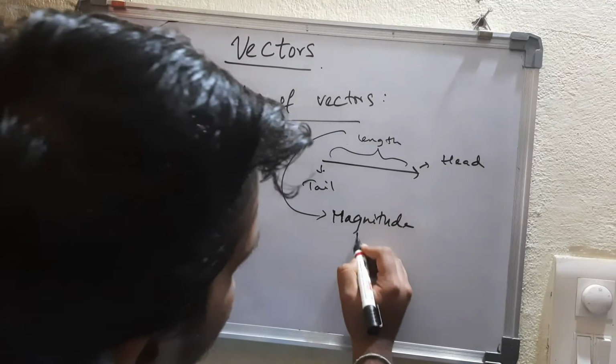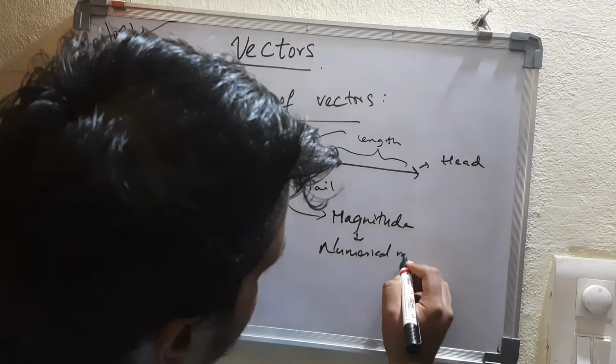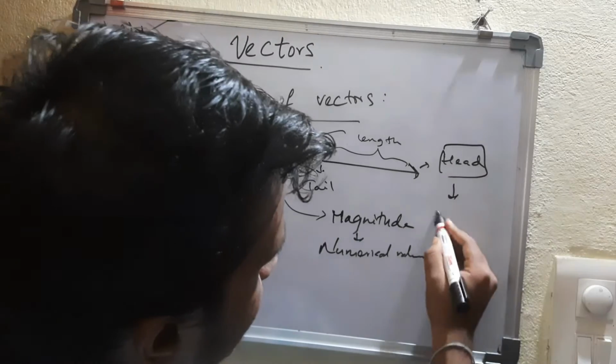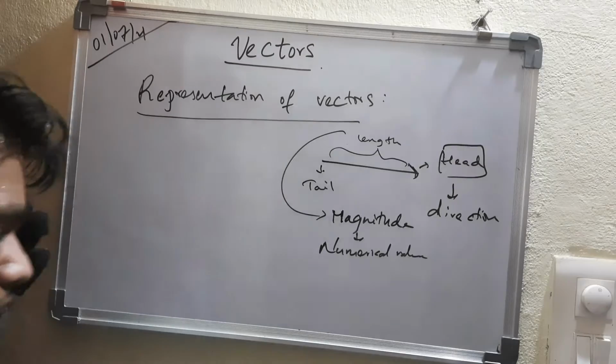As I said, this is a numerical value, and this head, this arrow, represents the direction of the vector. Okay.